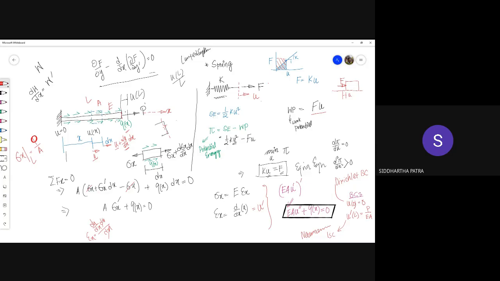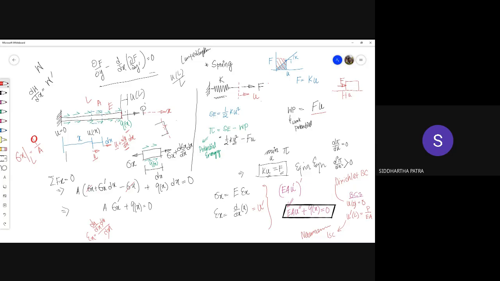the degree of freedom, and Neumann boundary condition is actually a traction boundary condition. Okay, meaning whatever is the traction on the free end. Now what is traction? That has been discussed in that solid mechanics notes, and I'll discuss it in even further detail when we do a dedicated class for solid mechanics.